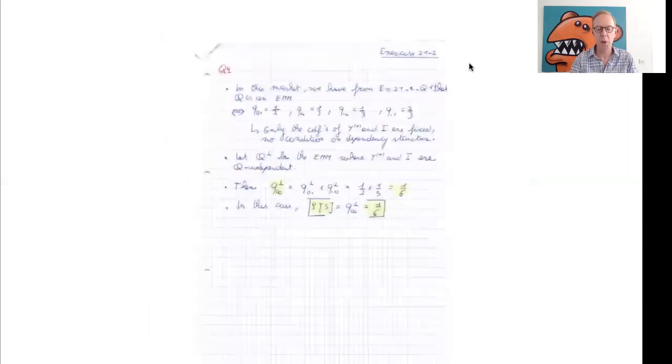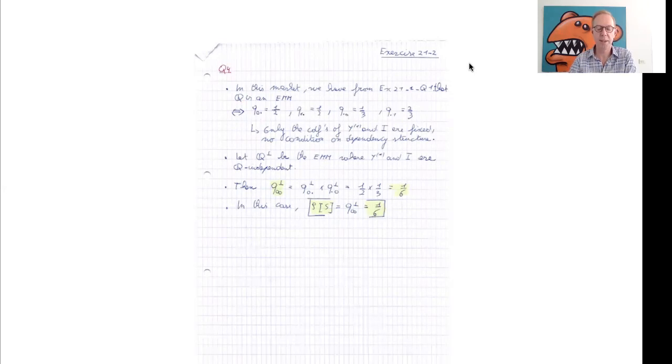Okay, we know already that Q is an equivalent martingale measure if and only if the marginal distributions for the stock, Q0. and Q1., and the marginal probabilities for the survival index, Q.0 and Q.1, are given by these values.